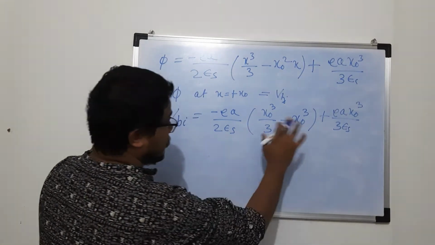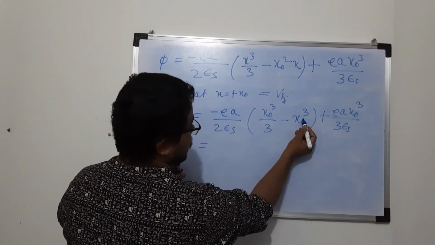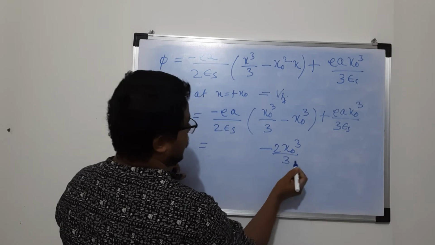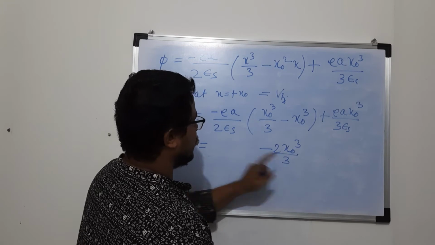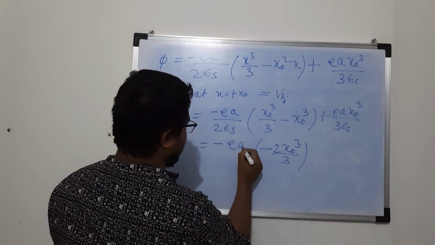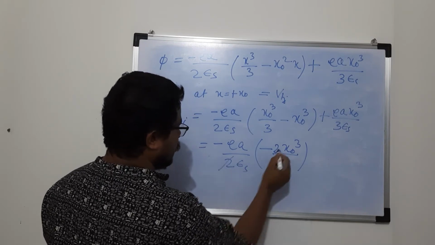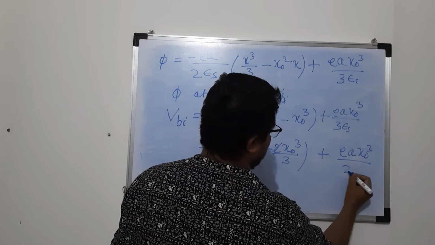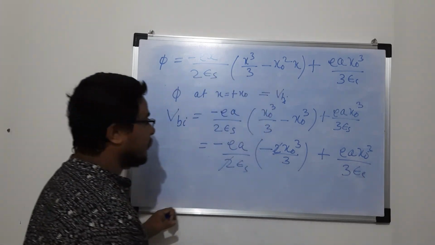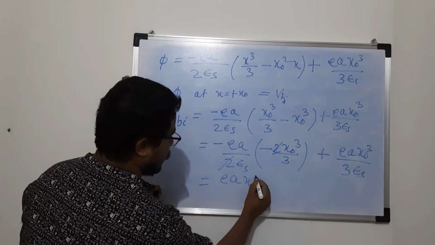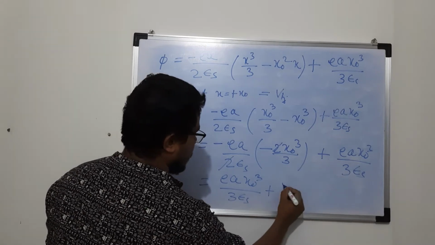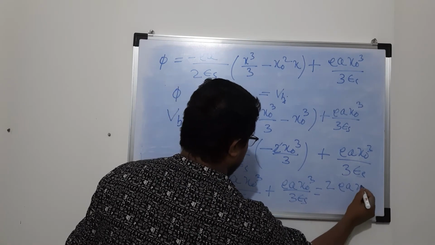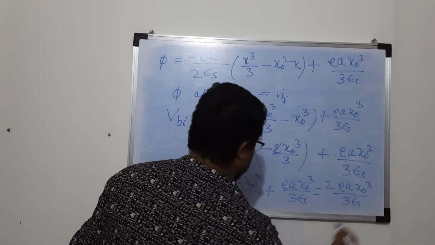Let us now substitute, taking whatever we can take common. So here you got minus 3x0 cube plus x0 cube, that gives you minus 2x0 cube by 3, and then here you got minus EA by 2 epsilon S. So 2 got cancelled, and here you have plus EA x0 cube divided by 3 epsilon S. So minus minus plus, you got EA x0 cube divided by 3 epsilon S plus EA x0 cube divided by 3 epsilon S, so that makes 2 times EA x0 cube divided by 3 epsilon S, that is our VBI.